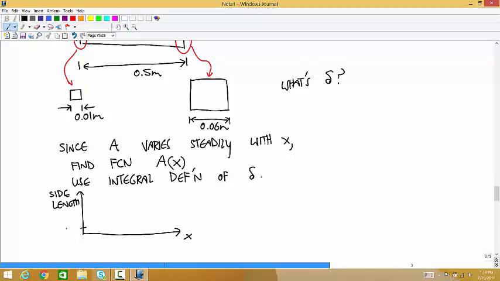It starts out with a value of 1 centimeter, and then at an x value of 0.5 meters, it has a value of 6 centimeters. So let's come up with a function for that line.